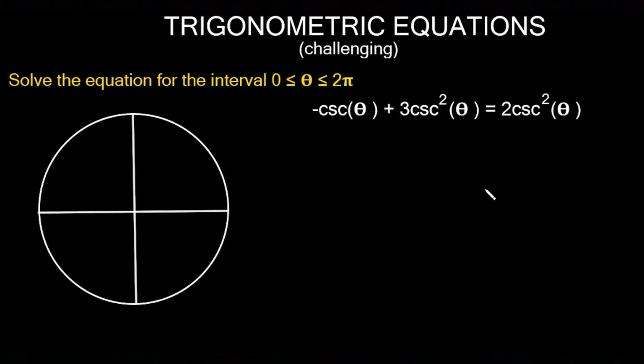And the key takeaway here is that you always want to isolate the trig function. Also, make sure you never divide out a trig function because you could possibly lose a solution if you do that. So for example, if you have tangent theta times secant theta equal to tangent theta, if you're trying to solve that, you may be thinking, well, I'll just go ahead and divide out tangent theta.